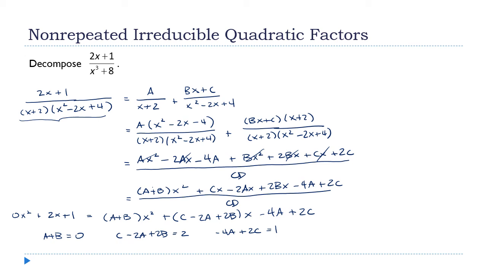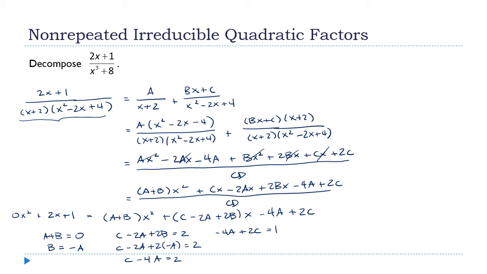So what did I say? I'm going to eliminate the B's. B is minus A, so this becomes C minus 2A plus 2 times minus A equals 2. C minus 4A equals 2.